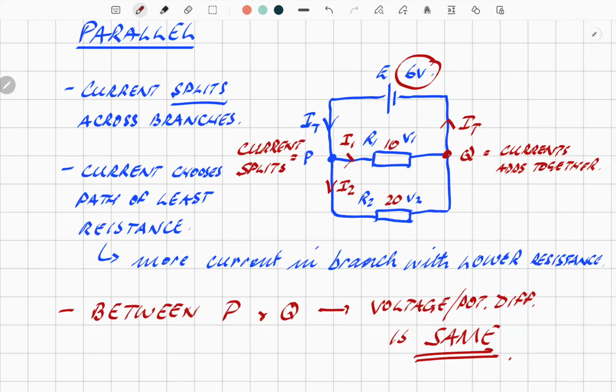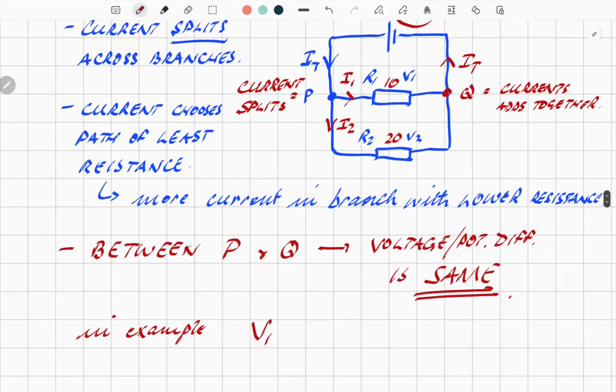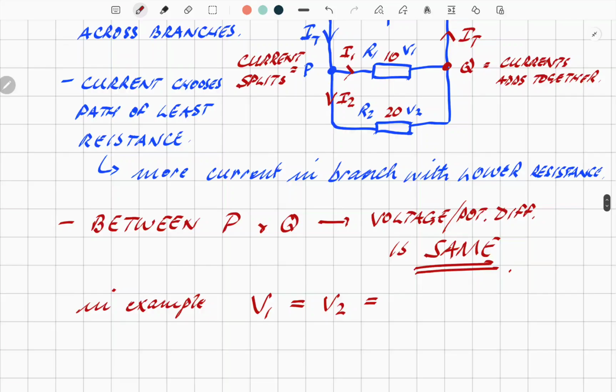So what that means is the voltage in this example, V1, which is the voltage across R1, is the same as V2, which is the same as your power input. I keep saying power, but it's the electromotive force, which in this case is your 6 volts. So your input.